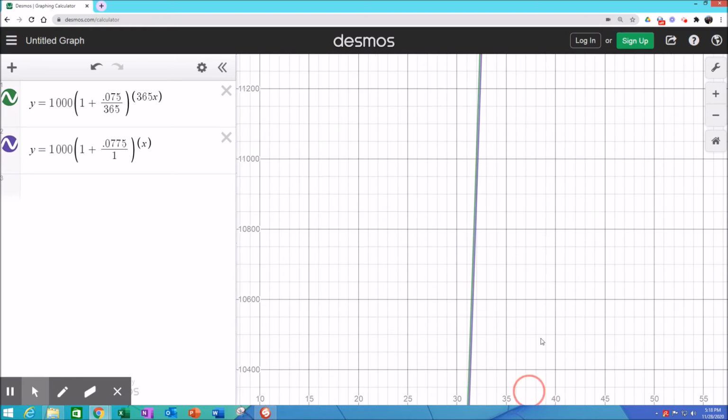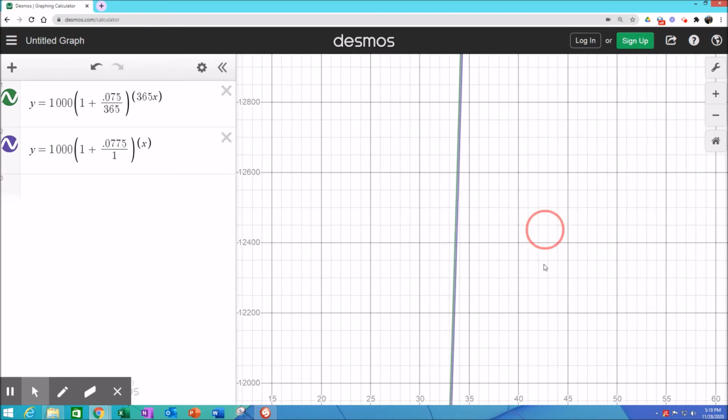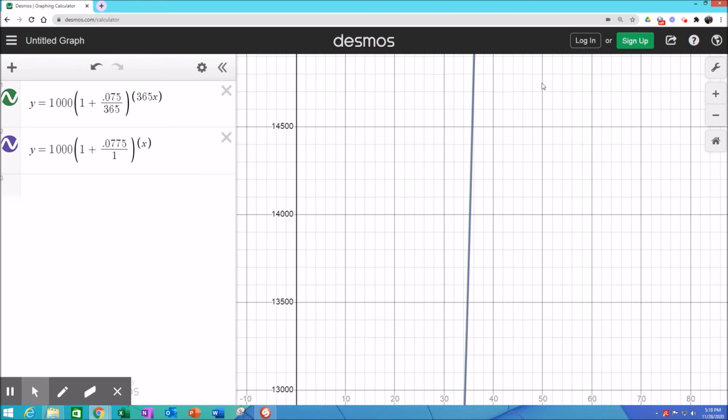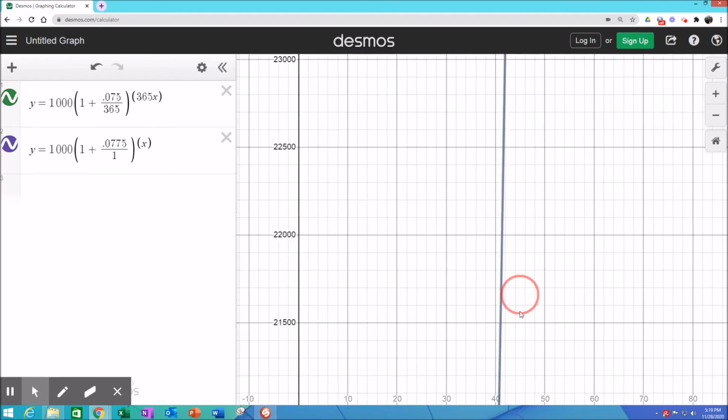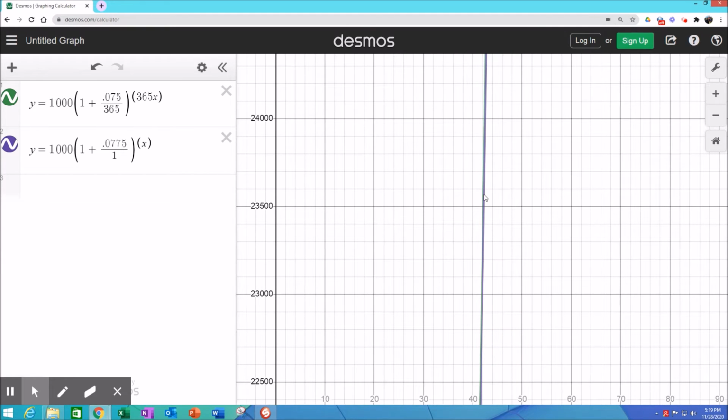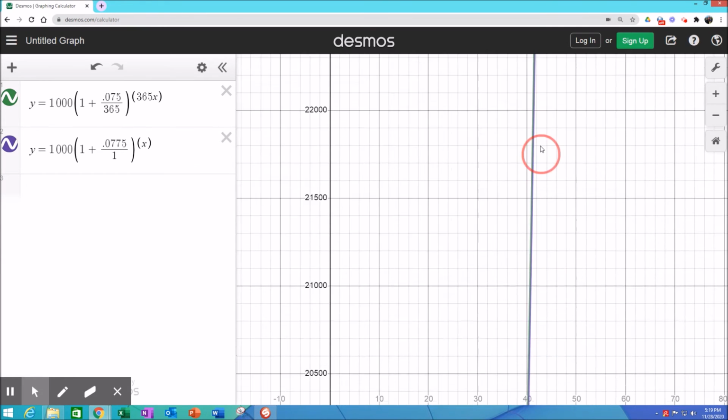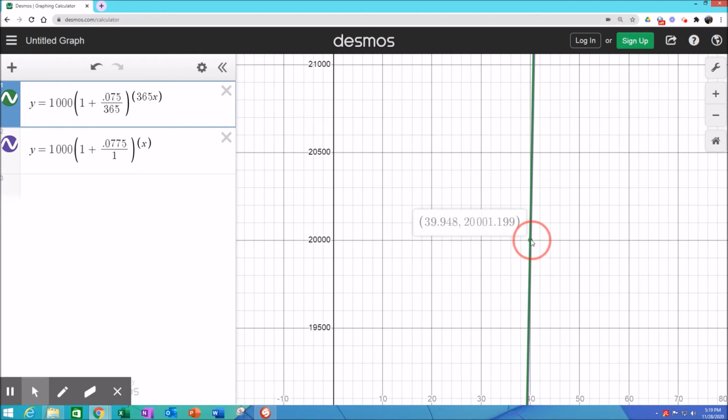So if I go to 40 years, there's about $20,000 in that one. And 40 years here, oh no, the purple would be less. So there's a difference of like $278 there. So there is a difference between the two. I'll show that on the next screen, but that's how you can kind of look at those two graphs.